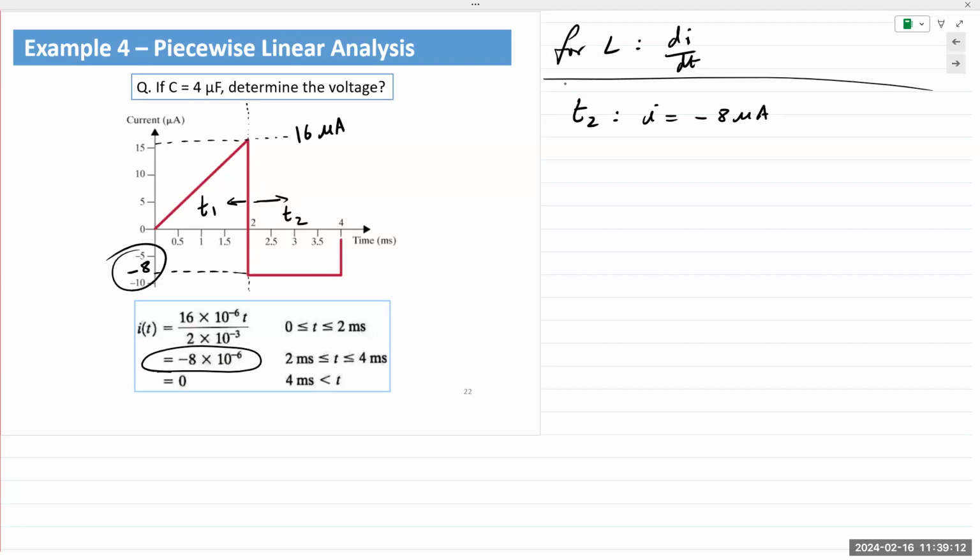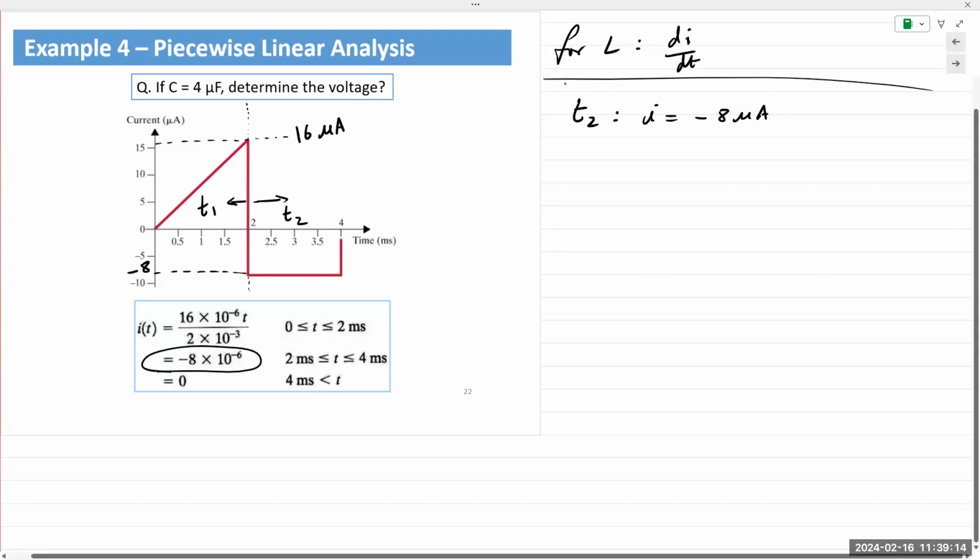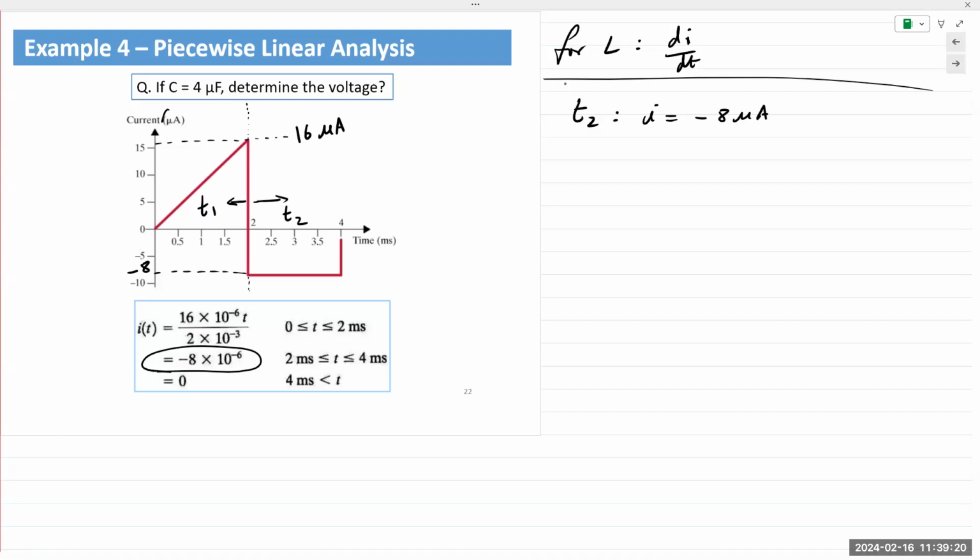Here, 16 times 10 to the -6 over 2 times 10 to the -3. Because it's micro. Yeah. But good point.